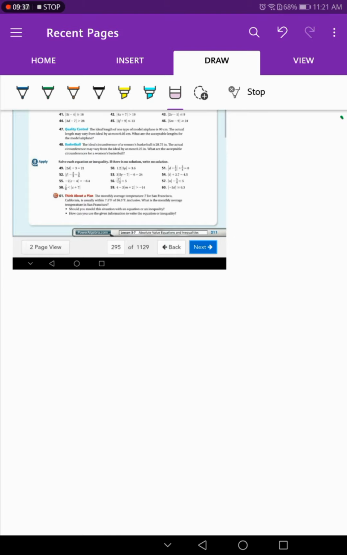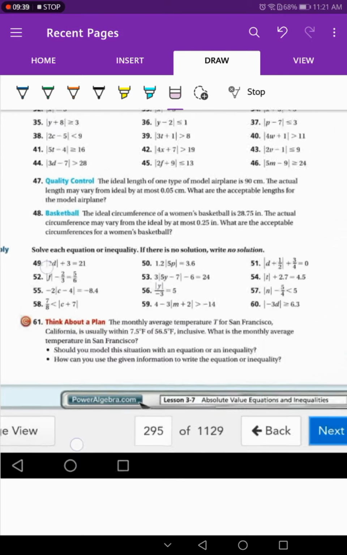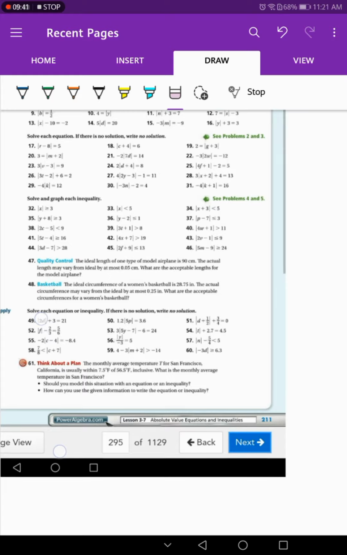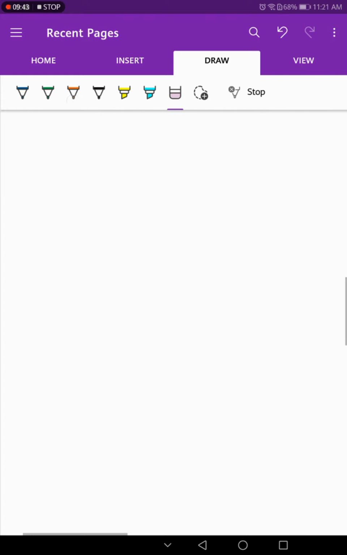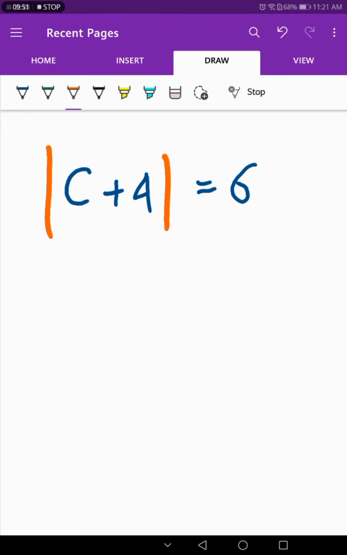I will take number 18. So what do you have to do now? We need to break the absolute value.